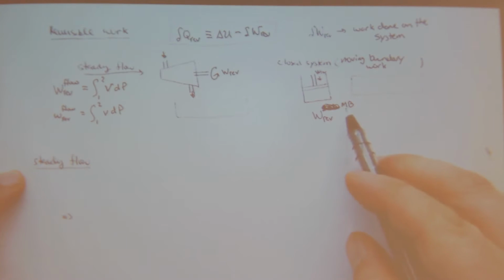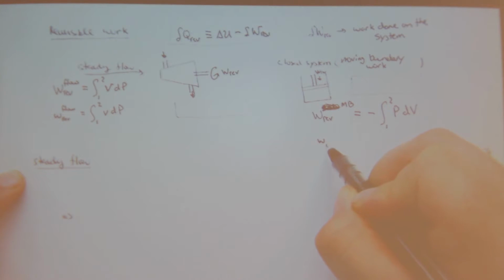Okay, work reversible moving boundary is equal to minus the integral from 1 to 2 of P dV. I can make this a small w, work reversible, so this is the work per unit mass. Moving boundary is equal to minus the integral from 1 to 2 of P d small v.